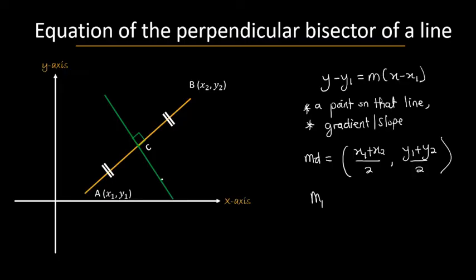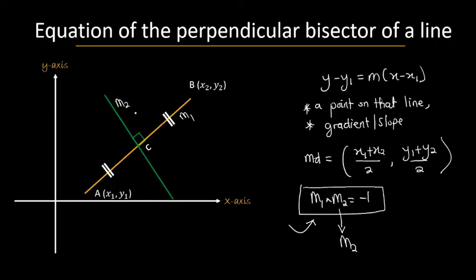Because they are perpendicular, if we multiply the gradient of the line AB, which we are saying is M1, and the gradient of the green line, which I'm representing with M2, I should get -1. Using this expression, after calculating my gradient M1 for the line AB, I can substitute that into this information and get the gradient M2 for the green line.